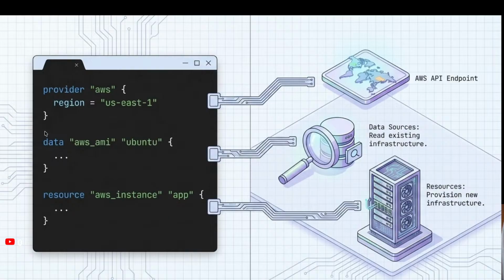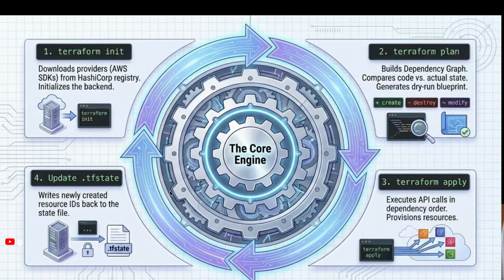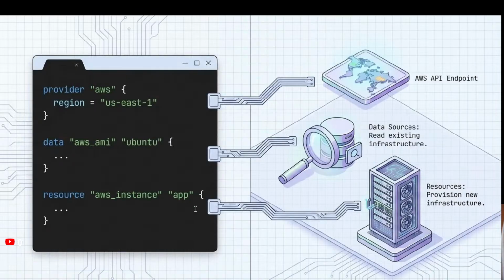For this part, we ignored the data parts. Then we had resources. The resource is another part you have to write, the resource which you want. If you want AWS S3, you write AWS S3. If you want an instance, AWS instance, then here you write a name. I'm yet to find out where that name goes.